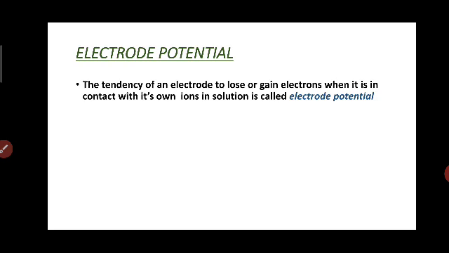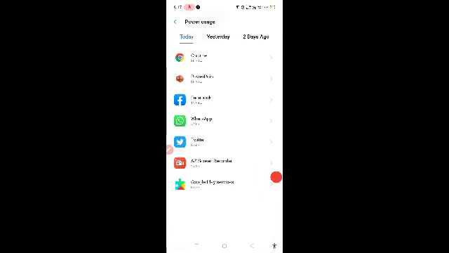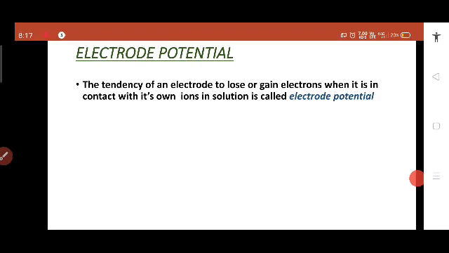The tendency, what we mean by tendency is nothing but capacity: the capacity of an electrode to lose electrons or to gain electrons from its own ions in the solution is called electrode potential.